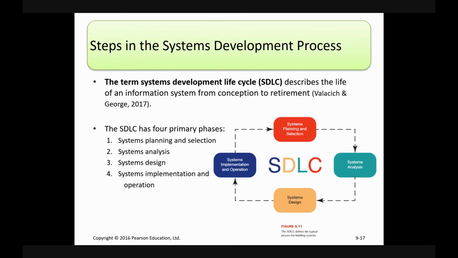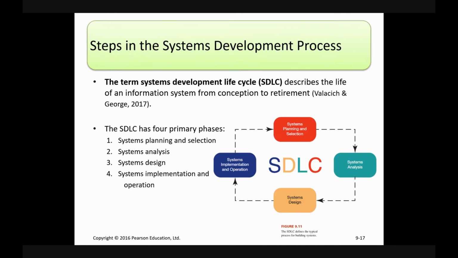Now, what are the steps involved in the system development process? If you are going to develop a new information system, new software, what are the steps for that? What are the phases in that? This is the same as a human life. Human life has different phases.